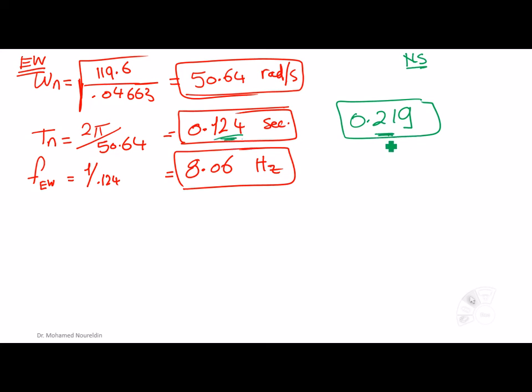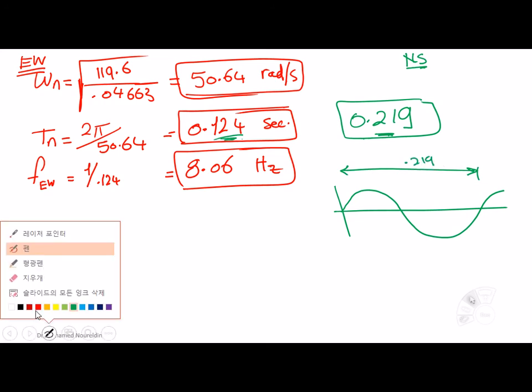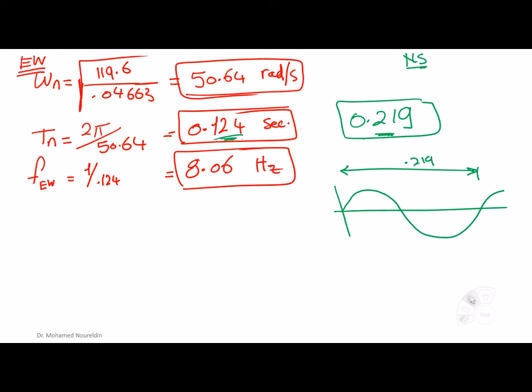This means that the natural period of the system in the north-south direction is going to be longer. So if we're going to put the system here, for example, if it's like a single degree of freedom system, this is from here to here, it is going to be 0.219. However, this system is going to be much less, almost half of it, for example.